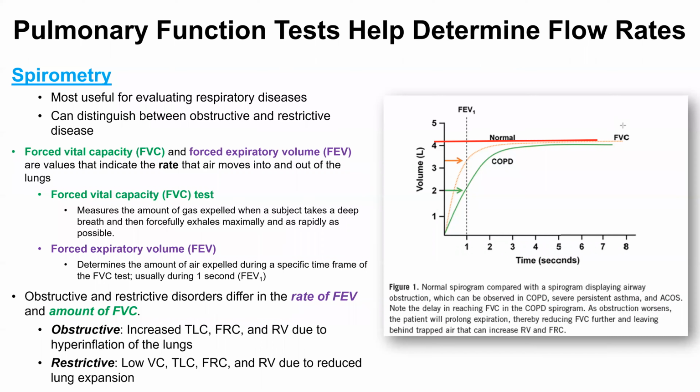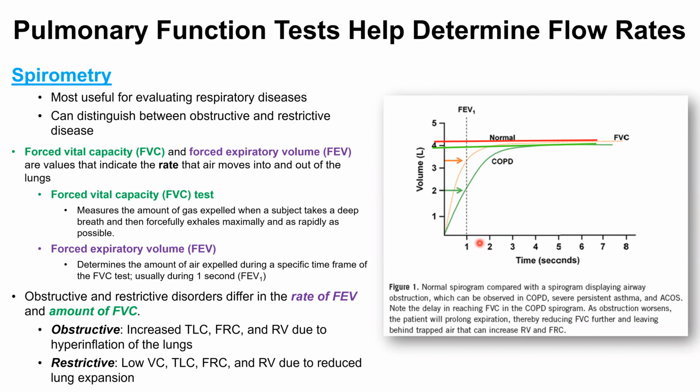So for our healthy person, the FVC is a little bit more than 4 liters. For our COPD patient, their FVC is going to be a little bit less than 4 liters. But what is really significant on this graph, and what is something to pay attention to in COPD patients, is this FEV1.